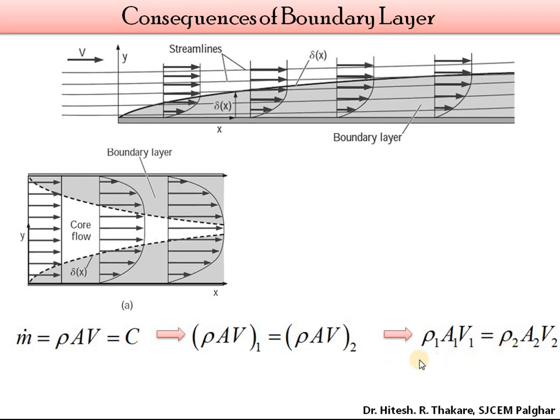For example, if the total flow rate required, that is the product of area and velocity required, is 100 meter cube per second, remember that density we have assumed constant. So if the total flow rate required is 100 meter cube per second, and area available at the inlet is 20 meter square, then the velocity required will be only 5 meter per second.